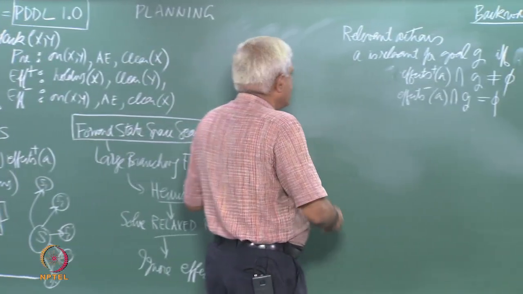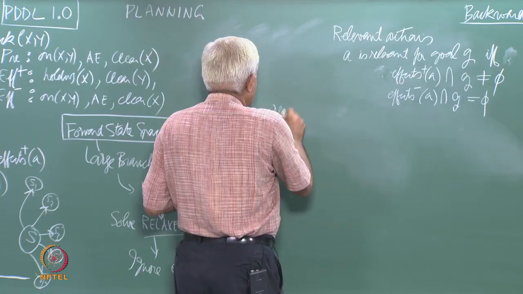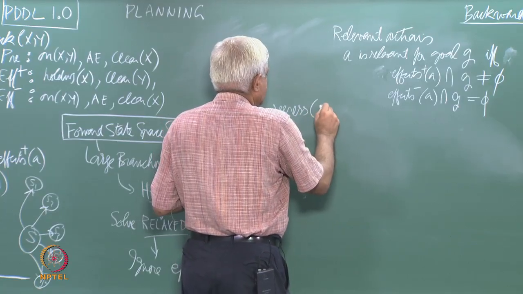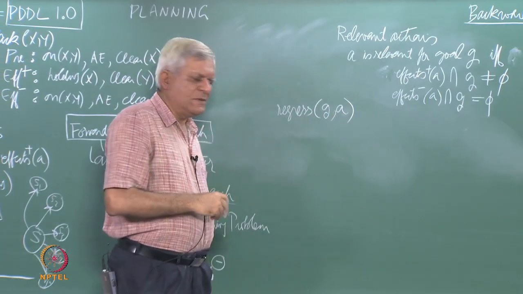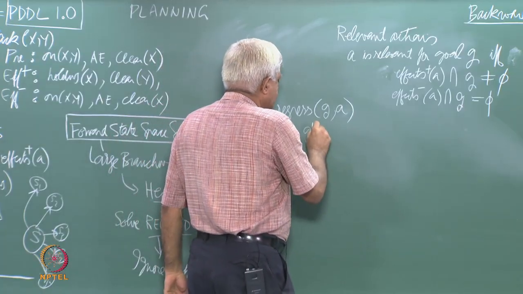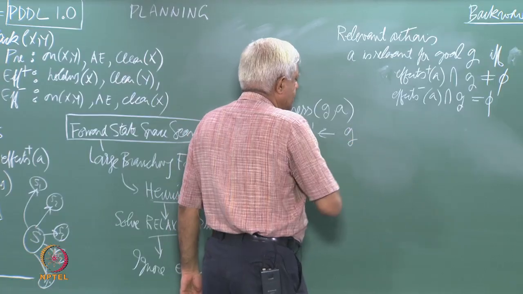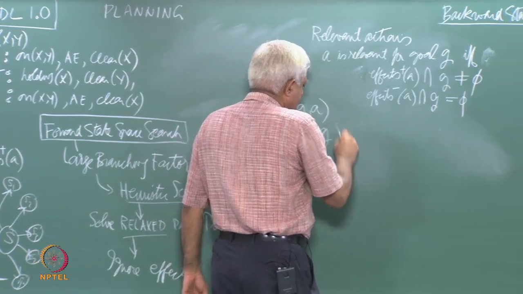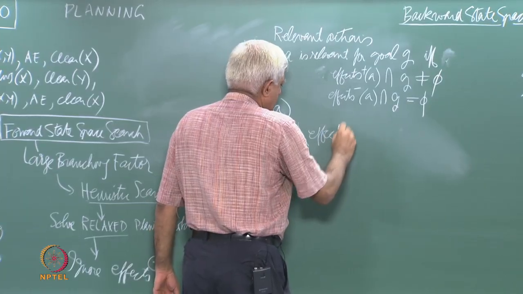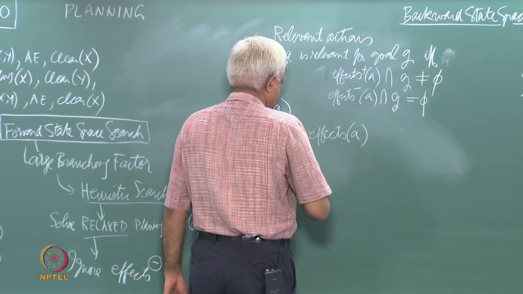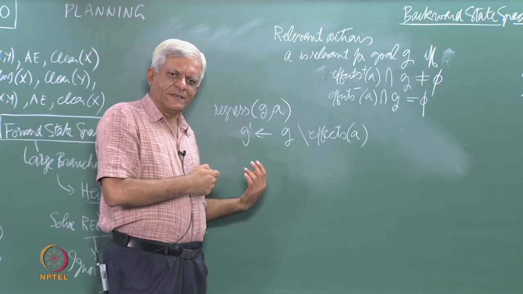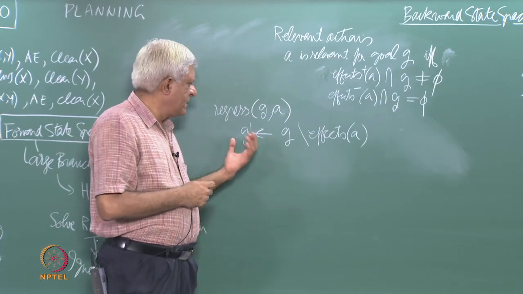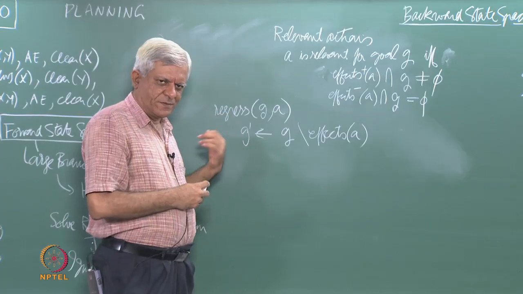Then we have to talk about regression. So, regress goal G with action A, which means how do you define the sub goal? So, you get G prime as G minus effects of A, because action A is producing those effects, we don't want them to be true in the previous state or the previous goal description.